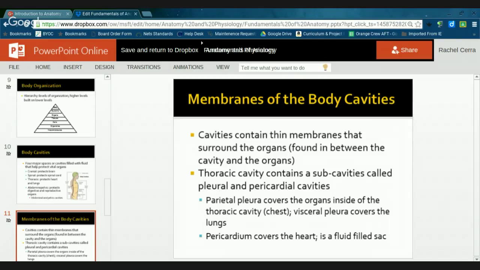Your parietal pleura goes around everything in the thoracic cavity, and then there's a smaller sac that goes around your lungs, and that's your visceral pleura, which would be one of those subcavities. Then you've got a smaller one called the pericardium, which just goes around your heart.